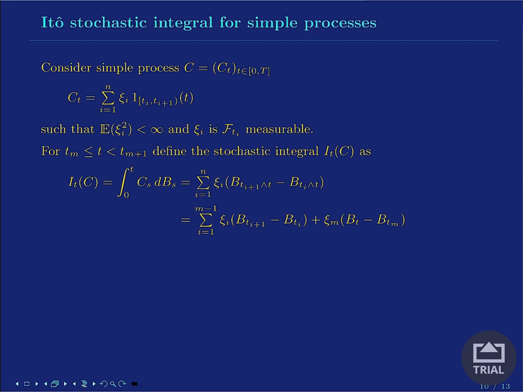For such simple processes, we can simply define the Itô stochastic integral, denoted as I_t(C), or more formally as the integral of C_s dB_s, as the sum of the xi_i times the increment of the Brownian motion over the interval from t_i to t_{i+1}.